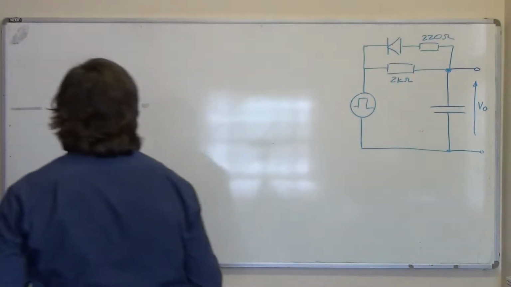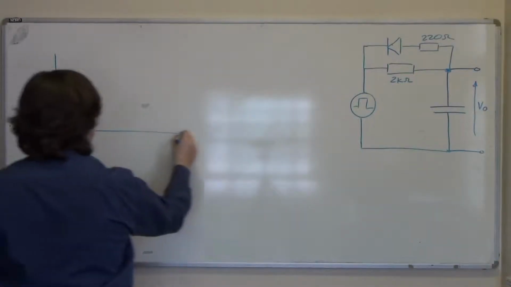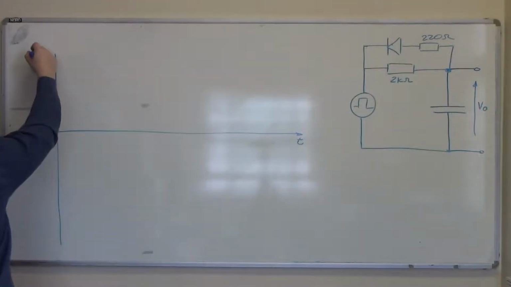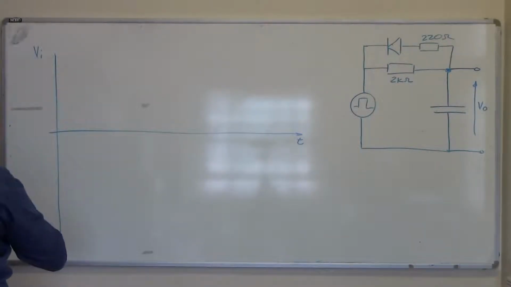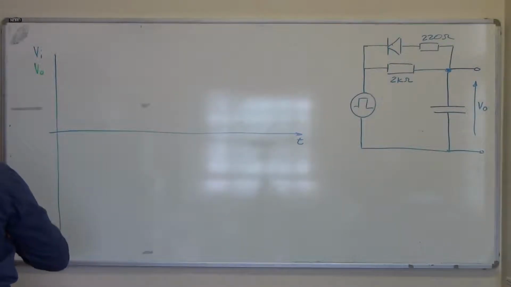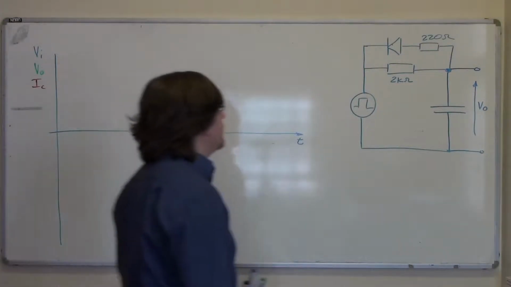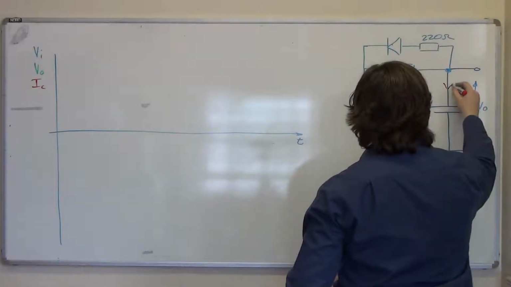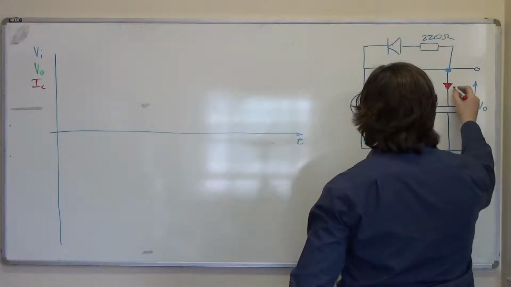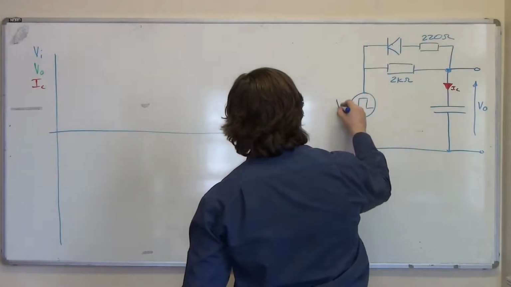So we're going to have a graph of what the pulse will look like. This will be time, and this will be V in in blue, and we'll have V out in green, and we'll have IC in red. So IC is going to be this current in the capacitor here. And V in is this voltage here.